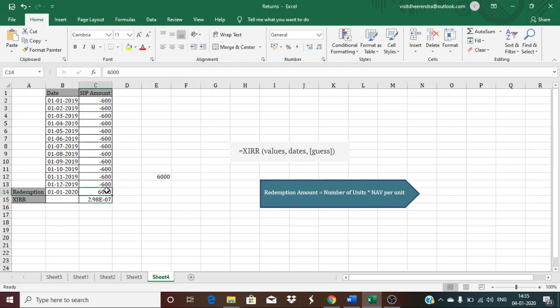If suppose the redemption value is 7,500, the XIRR will be different. And for 7,800, as we calculated earlier, the XIRR is 15.66. So it is simply providing us the information regarding the compounded returns or aggregated CAGR.